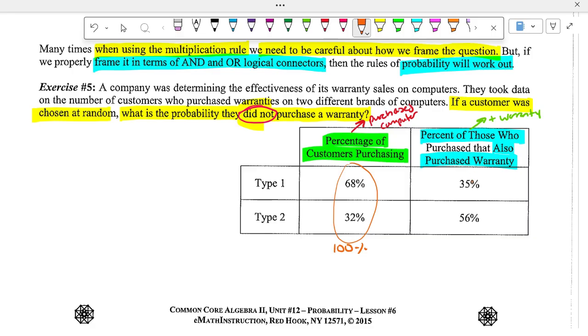So in other words, are we talking about 35% of all customers or 35% of the customers that bought Type 1 computer? 35% of the customers that bought the Type 1 computer. So in other words, 35% of that 68% of customers. Same thing with Type 2. 56% of that 32% bought the warranty.